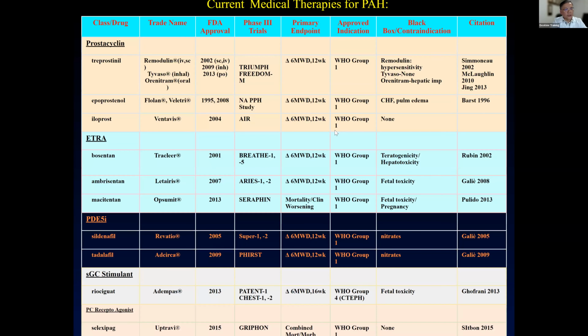This is a long list of the currently available medication. When I started treating pulmonary hypertension more than 15, 20 years ago, there was only one drug. And over the past 15, 20 years, it's really amazing to see the number of drugs currently available and really give tremendous hope to patients suffering from this horrible, horrible disease.